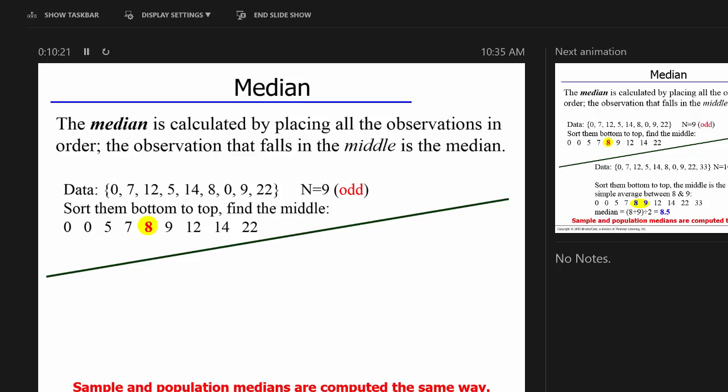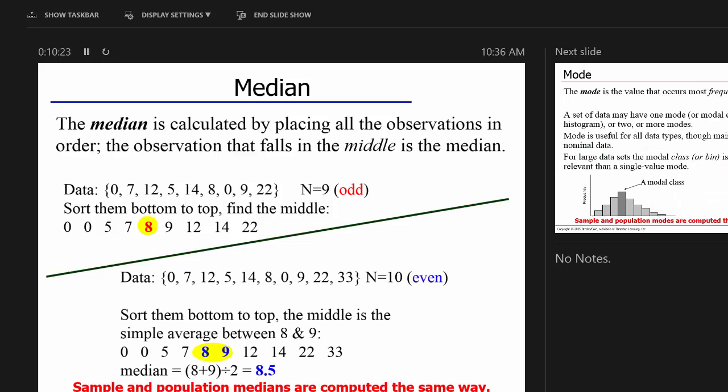Things get slightly more complicated when you have even number of observations. Then you don't have a number in the middle. It's either 5 or 4, right? So if I add 1 observation, so there are 10 of them, number 8 is in the position number 4. Well, the problem is there are 4 below and 5 above, right? So it's not quite in the middle.